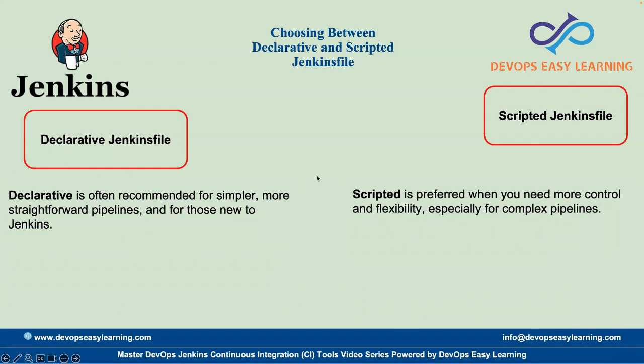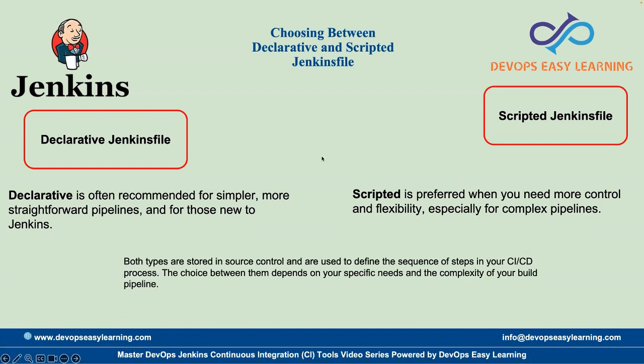But the scripted pipeline is preferred when you need more control and flexibility, for complex pipelines. So just to recap, for a simple pipeline, you will use the declarative pipeline. If you want to write pipelines that are complex and complicated, but you need more control, you will go with the scripted. But for something that is really simple, you can just use the declarative pipeline.